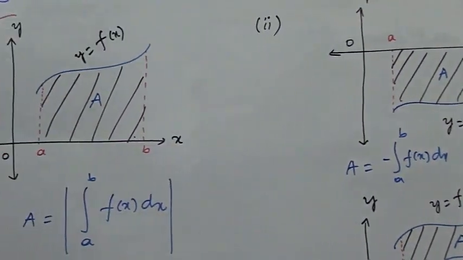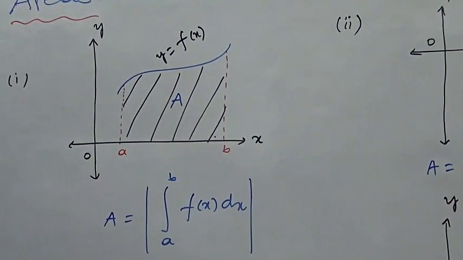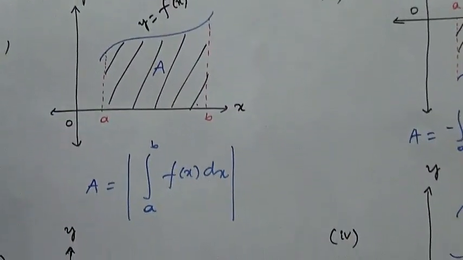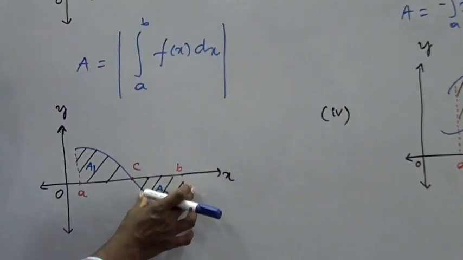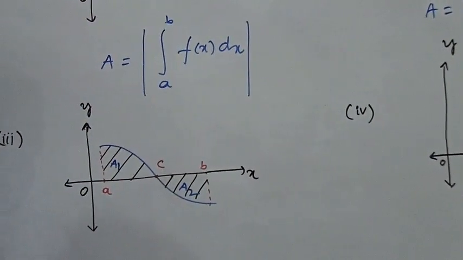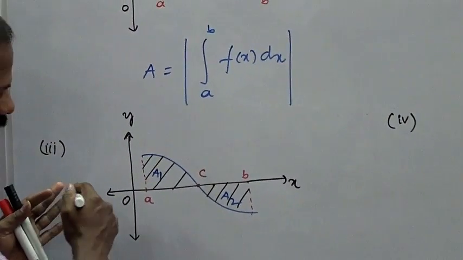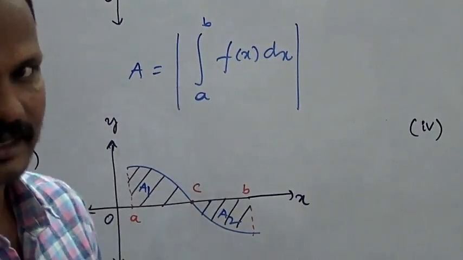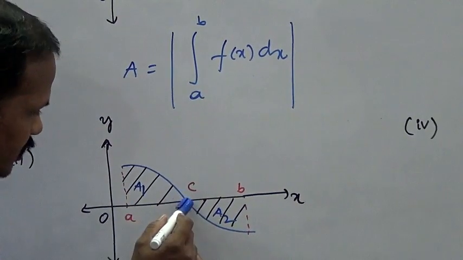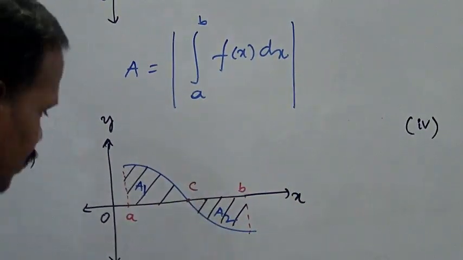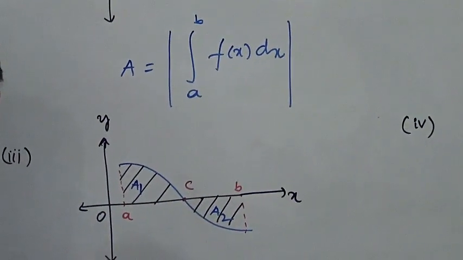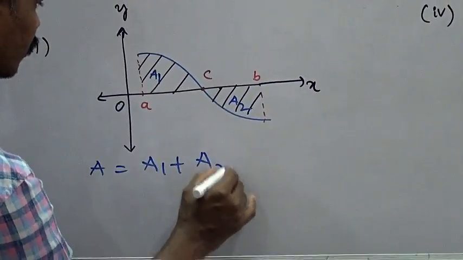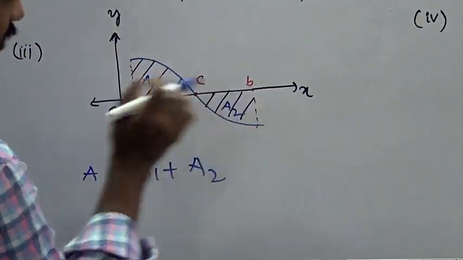Now coming to here, some part of the curve is above the x-axis and the remaining part is below the x-axis. So split the interval where the curve meets the x-axis, that is a to c and c to b. Then the area A equals A1 plus A2, this area plus this area.